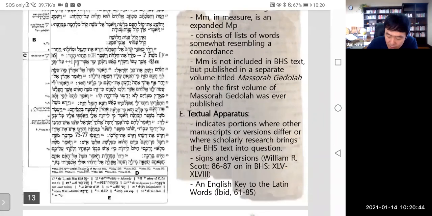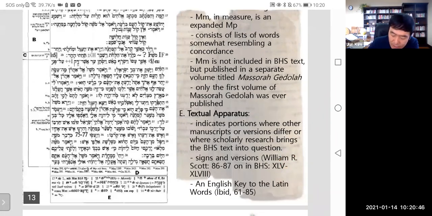MM is not included in the BHS text, but published in a separate volume titled Masora Gedola. If you are quite interested in all those further information, then you need to have Masora Gedola. But it's not really significant if you are not really into the area of textual criticism.